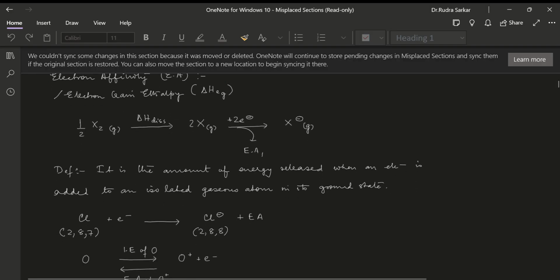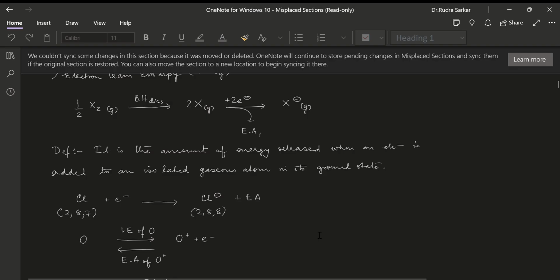For the chlorine atom, you can see the electronic configuration: 2 for the duplet, then the octet, then the remaining electrons. So it is having a valency of 7. If you add one more electron, then it is gaining 1 electron.